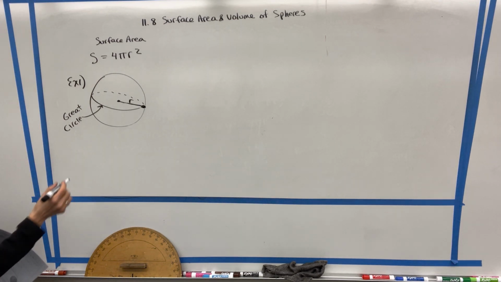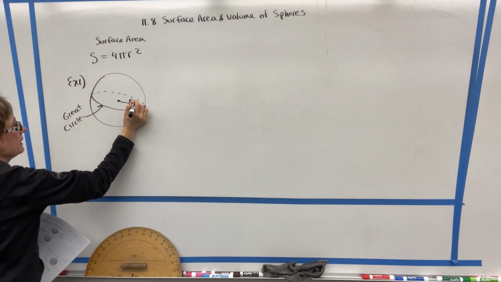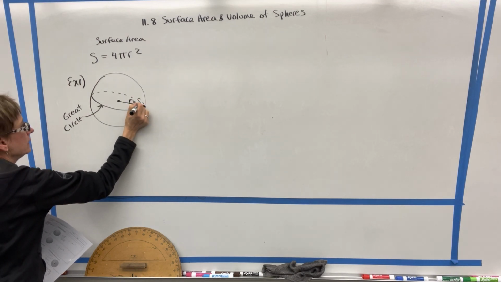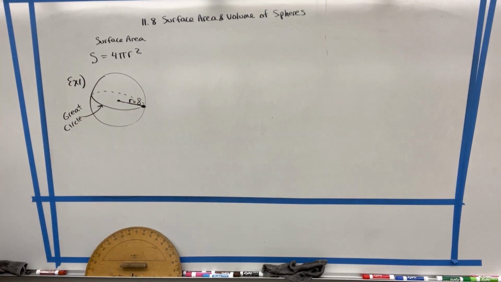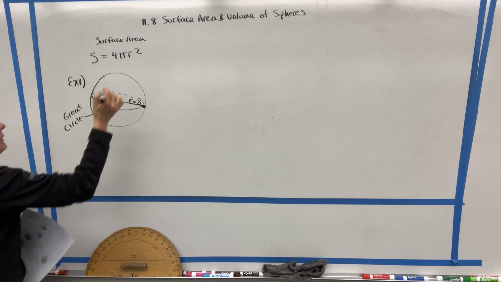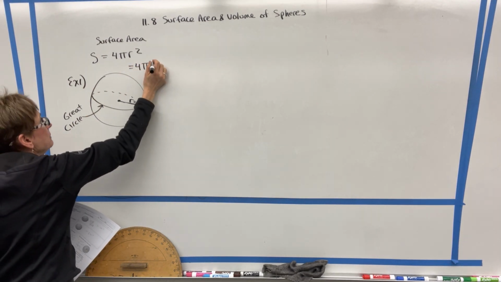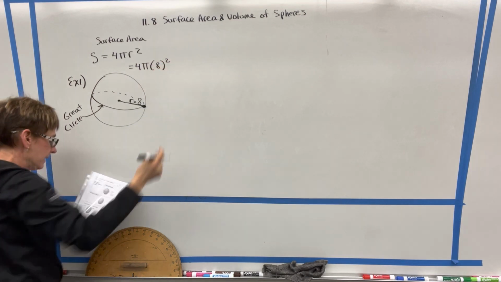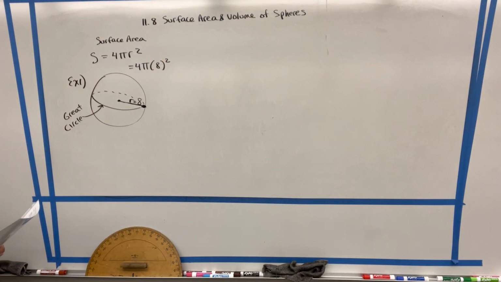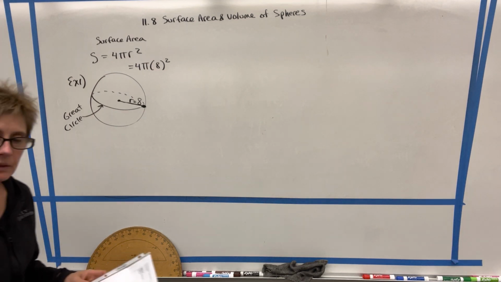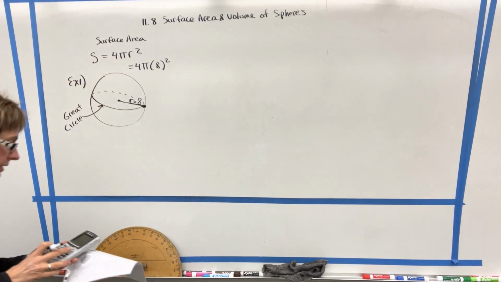So let's say, for example, that this radius here is 8. So I've got a sphere with a radius of 8. If I want to find the surface area, I would take 4 times pi times 8 squared. Now, it's important to remember that we need to do PEMDAS.